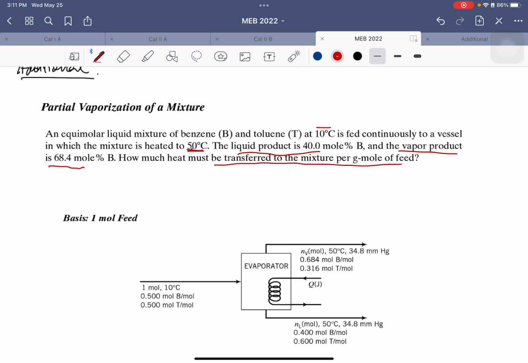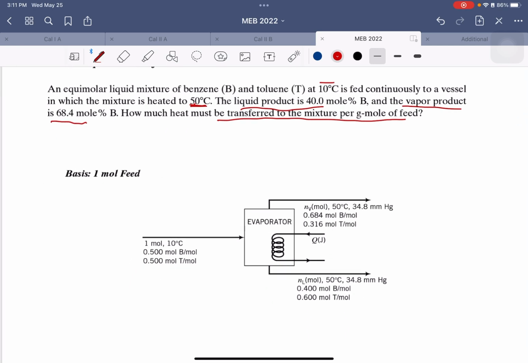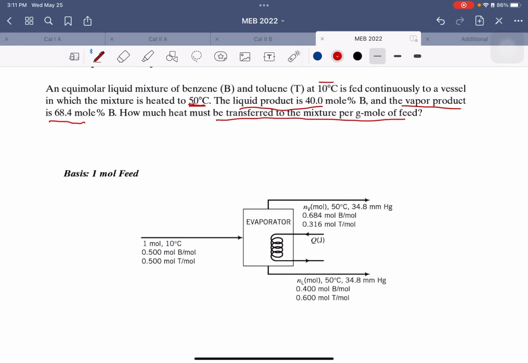So the first thing that we can do is start with drawing this diagram. We start with 1 mole, and because it's equimolar, we have half a mole benzene and half a mole toluene, and we will have two streamlines.